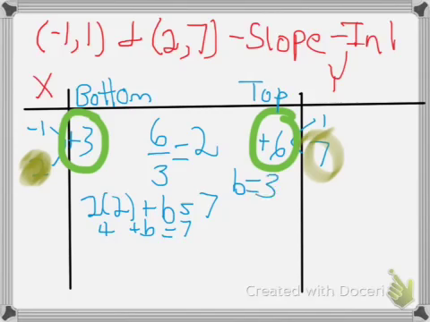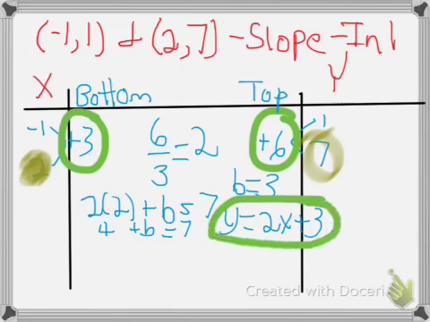So my slope-intercept form of this equation is y equals 2x plus 3. So that's my equation in slope-intercept form. Now hold on to that 2 because we're going to use that in just a minute.